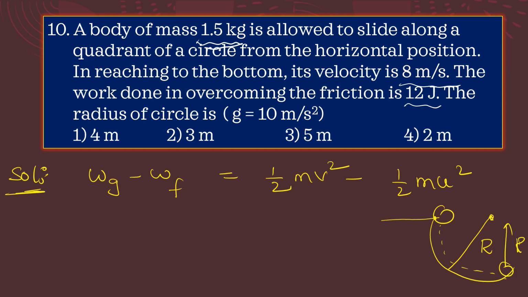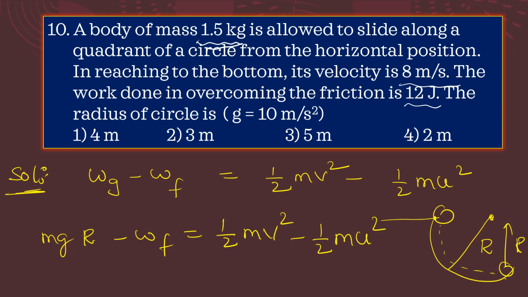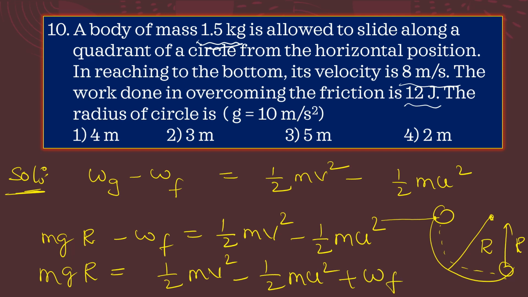Now substituting here, mgr minus Wf is equal to half mv square minus half mu square. So this can be written as mgr is equal to half mv square minus half mu square plus Wf.